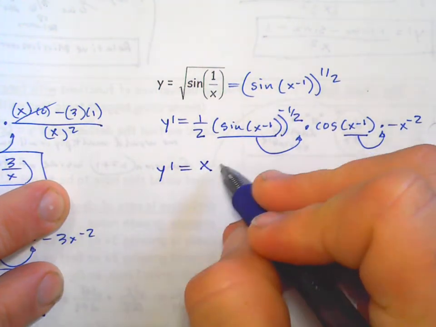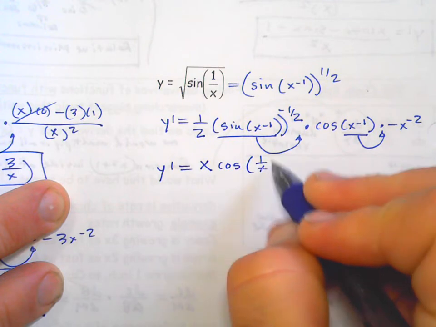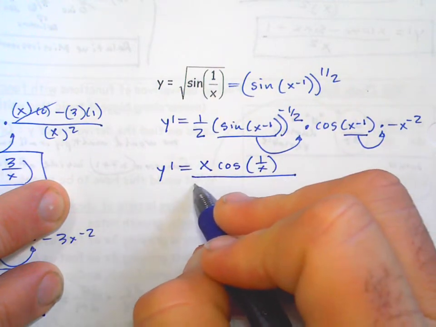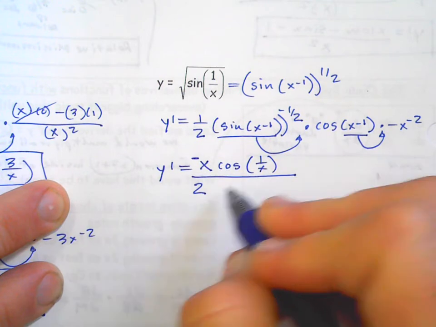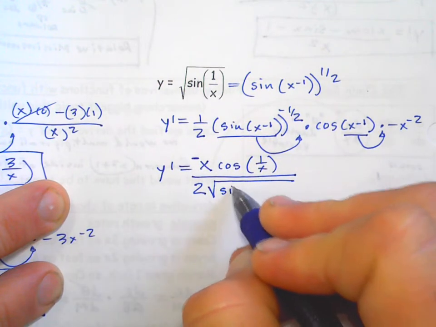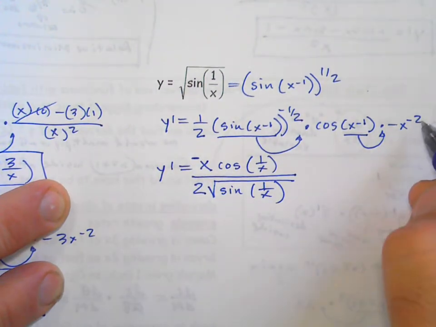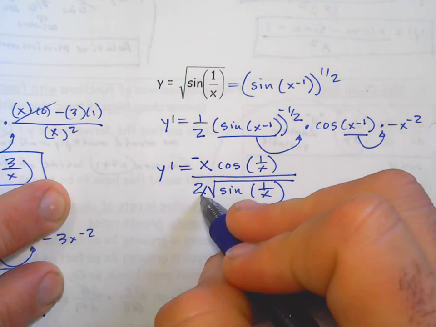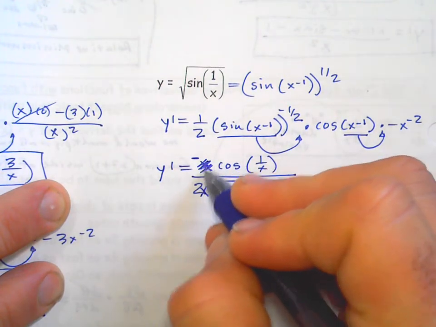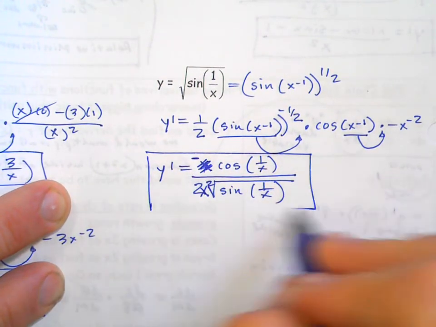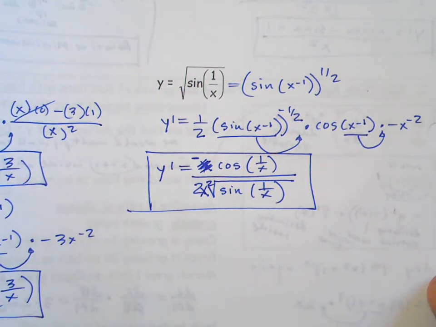So we're going to have cosine 1 over x over negative 2 square root of sine 1 over x. Oh, there's an x squared here. Actually, yeah, the x squared should be in the bottom. There we go. Now, it's going to be easy to either forget to do chain rule, or forget to finish it, or skip a step of it. So you just have to be paying attention here.